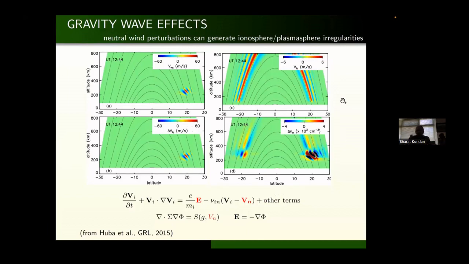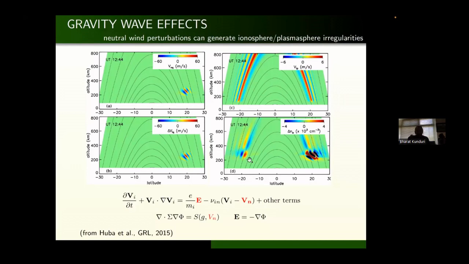Then the other interesting feature is in the upper right: perpendicular variations in the neutral wind can also generate an electric field. And this electric field can map all along the field lines to the conjugate region, because the field lines are essentially equipotentials. This is the plasma velocity that's been generated associated with this wind field. Even though it's an order of magnitude smaller than the parallel motion, it still has far-reaching effects.